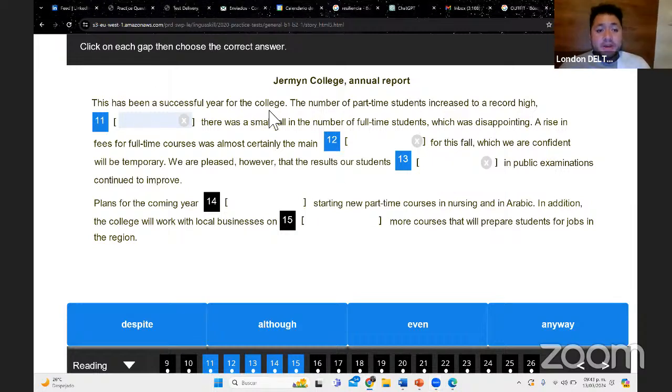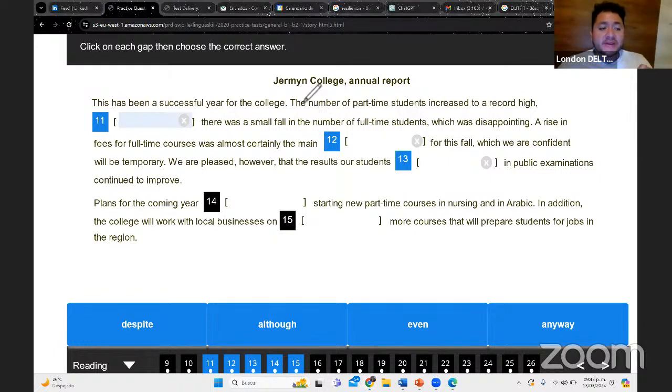So, how does it work? Well, you have to know that in order to answer each of the blanks, you need to read from period to period. Hay que leer de punto a punto. That means in order to answer exercise 11, you don't need to read the whole text.